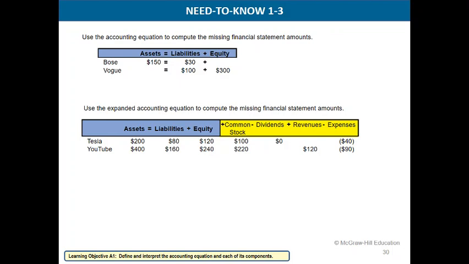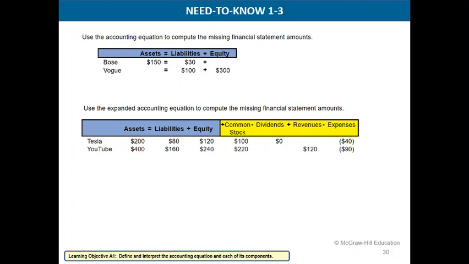So first one, Bose, gives us the assets and gives us the liabilities, but doesn't give us the equity. And based upon my earlier statement, you know that at any point in time, the amount of assets has to be the same as the amount of liabilities plus equity.